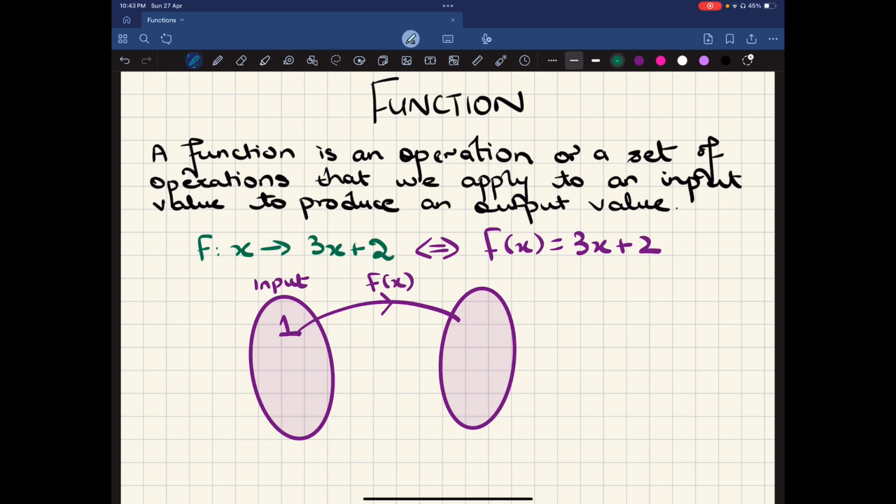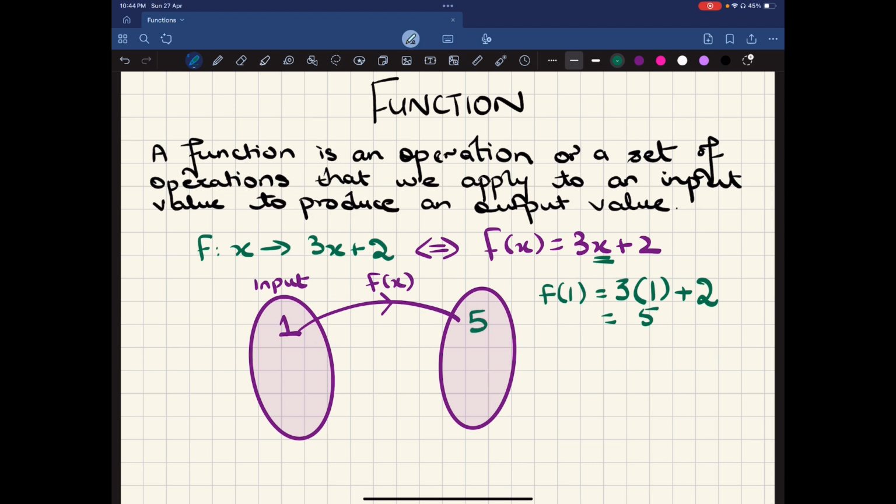So if x is equal to 1, what are we going to do? This basically means the value of the function when x is equal to 1. So when x is equal to 1, we're going to substitute 1 in place of x. And 2, what do we get? We get 3 plus 2, 5.